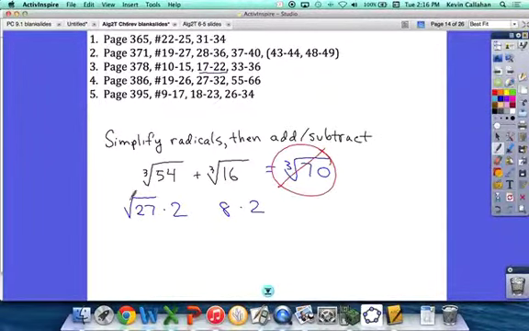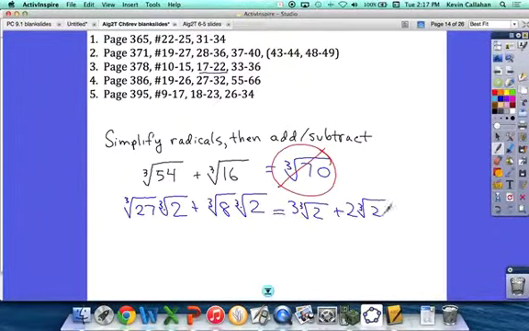So the cubed root of 27 times the cubed root of 2 plus the cubed root of 8 times the cubed root of 2. Right? The cubed root of 27 is 3 times the cubed root of 2 plus the cubed root of 8 is 2 times the cubed root of 2, which is 5 times the cubed root of 2.